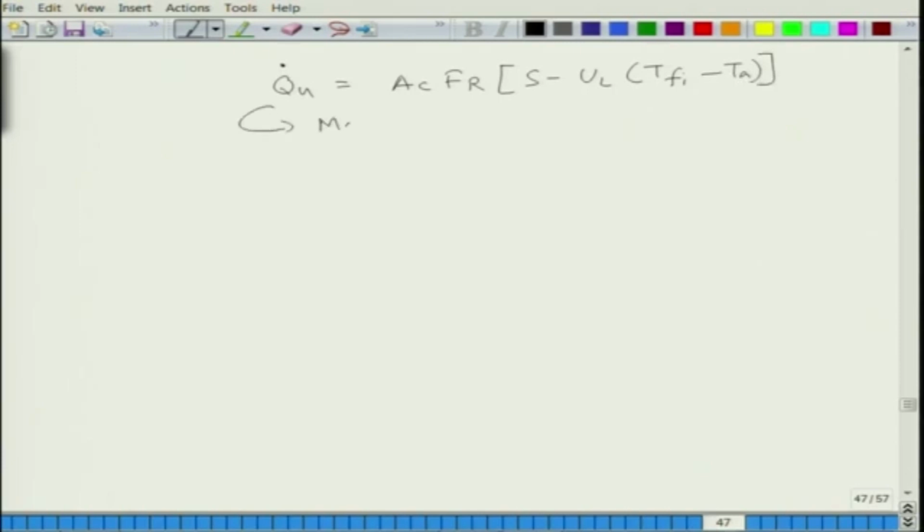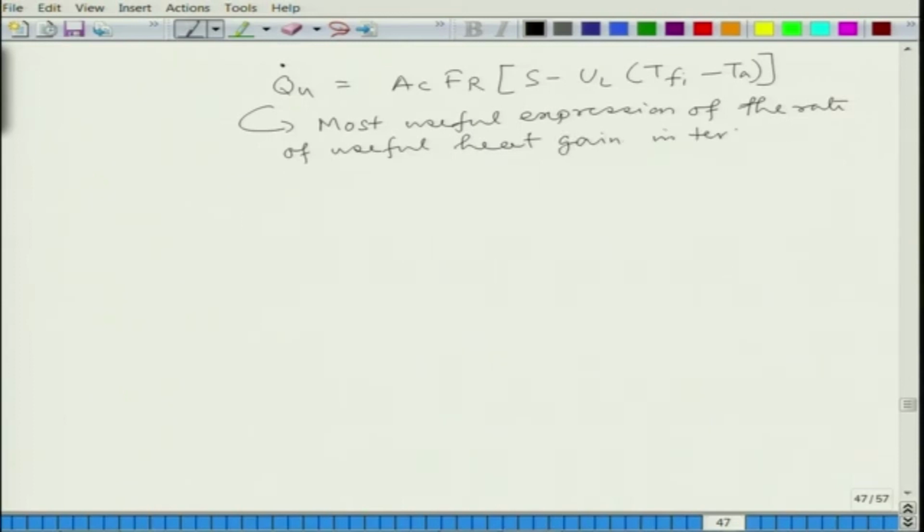This is the most useful expression of the rate of useful heat gain in terms of the inlet fluid temperature and the ambient temperature. Okay. That is what the collector heat removal factor does.